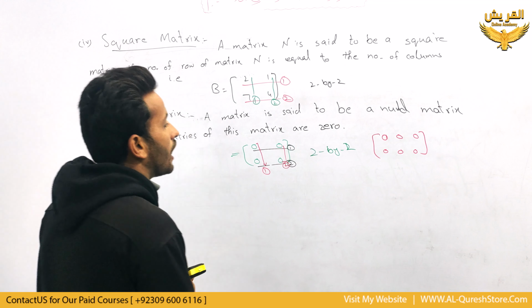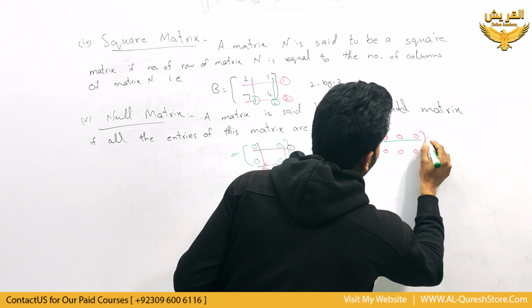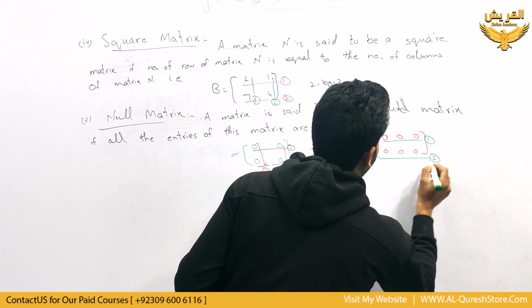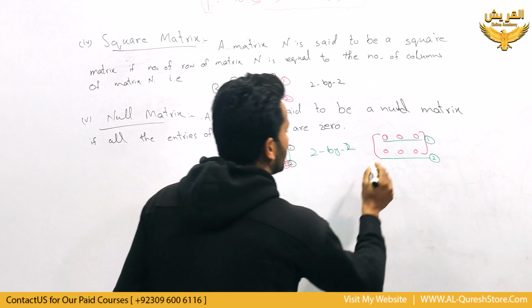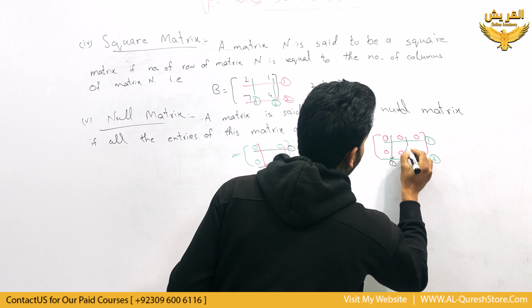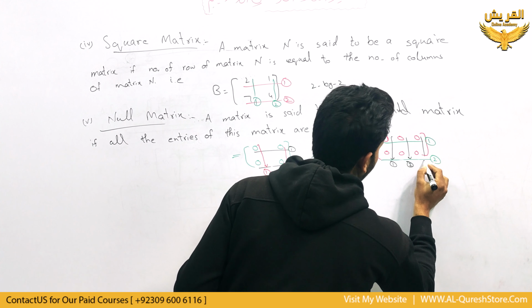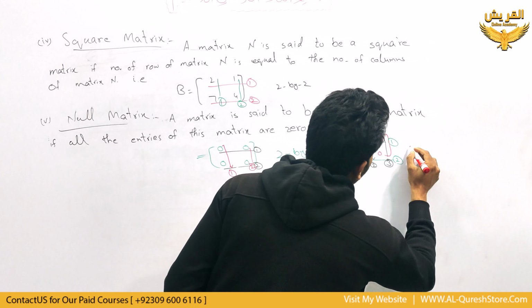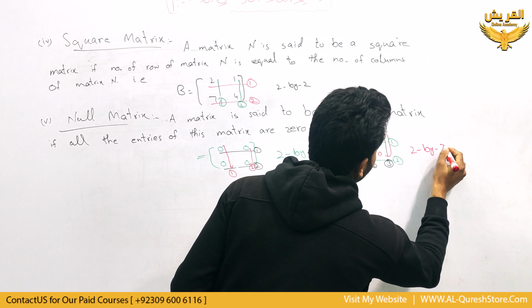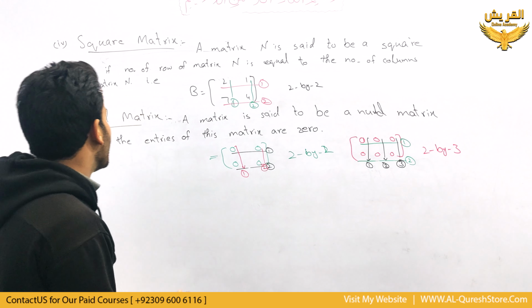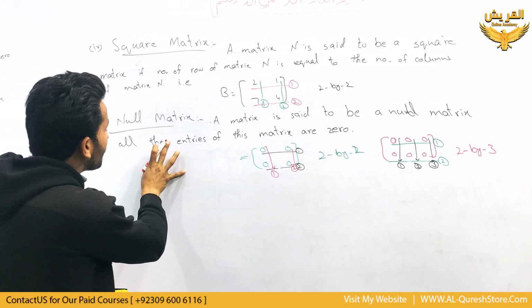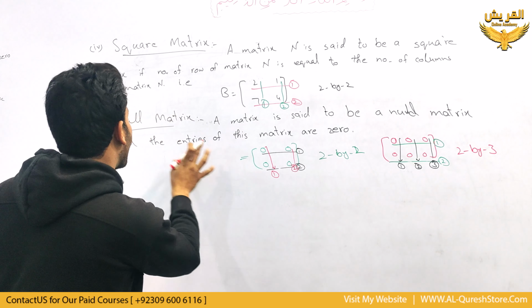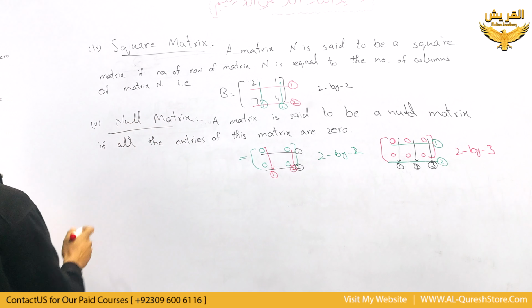In this case, there are two rows and 3 columns. So the order of this matrix is 2 by 3. But the matrix is null matrix. A matrix of any order having all the entries 0 is called null matrix.